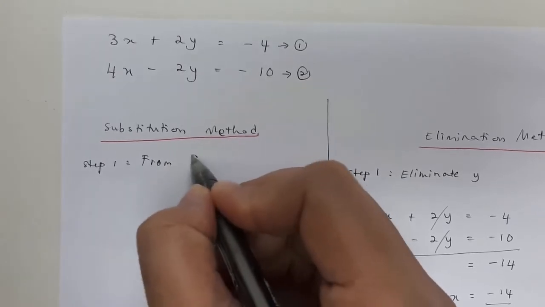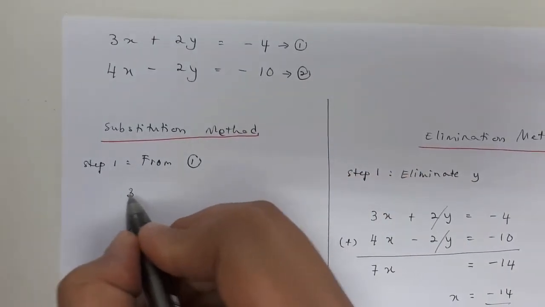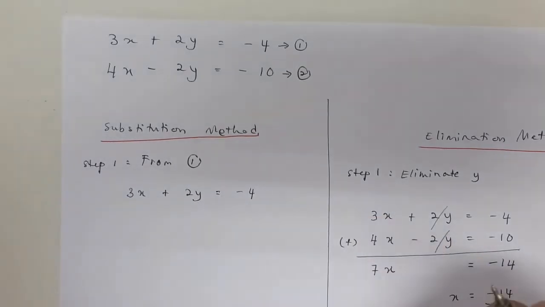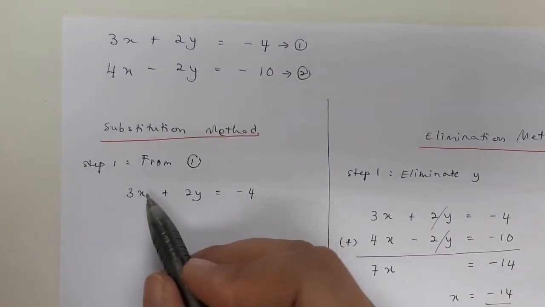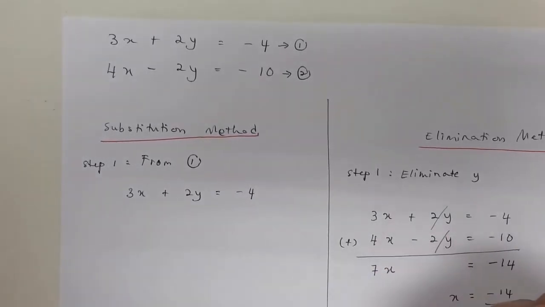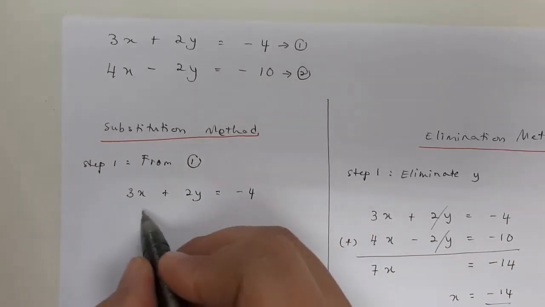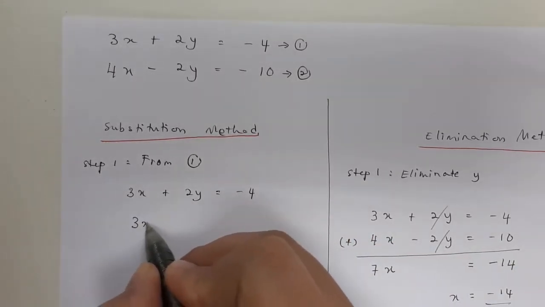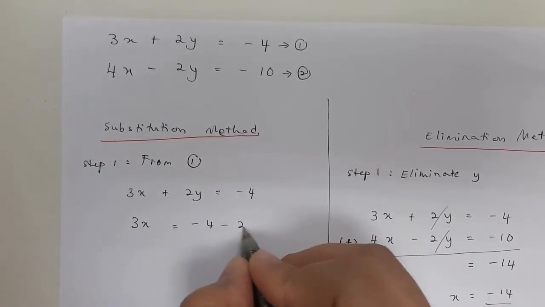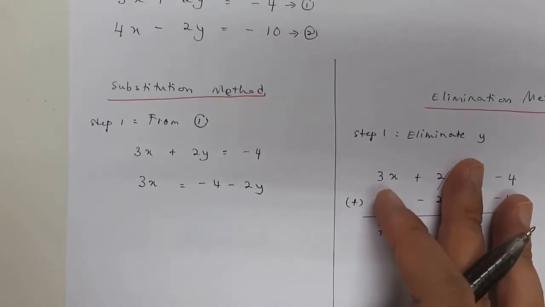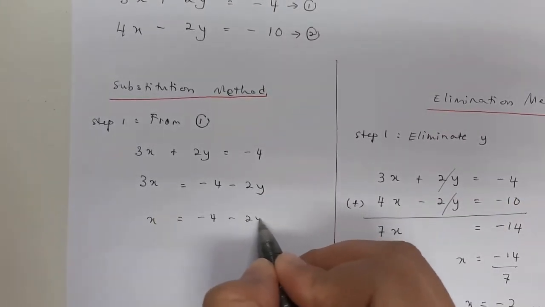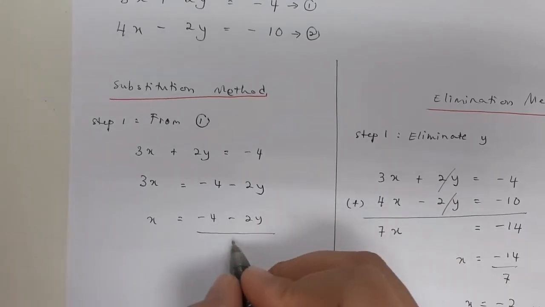So from equation 1, 3x plus 2y equal negative 4. Choose whether you want to leave x or y on the left hand side. Let's say we want to choose x. So leave 3x and bring the y to the other side. Then x equal negative 4 minus 2y over 3.